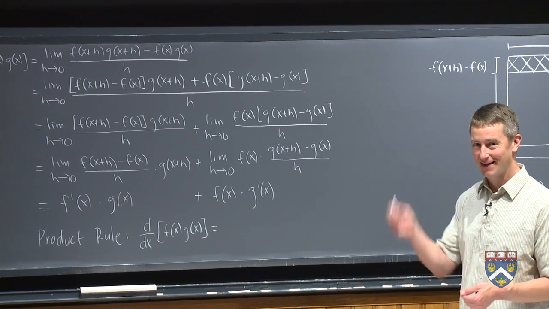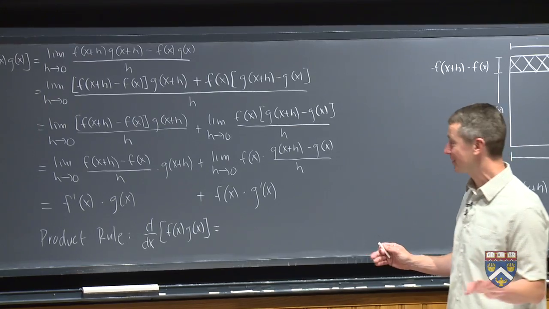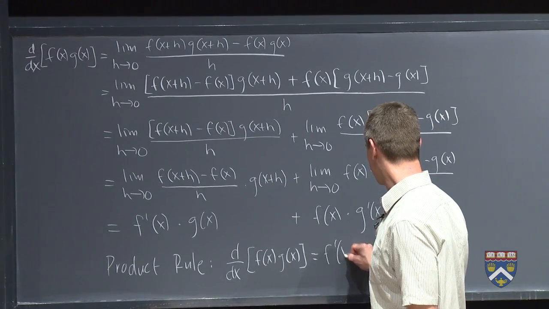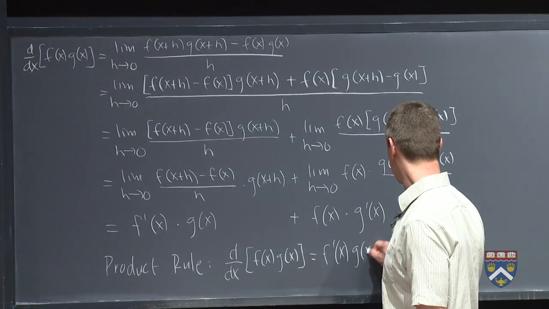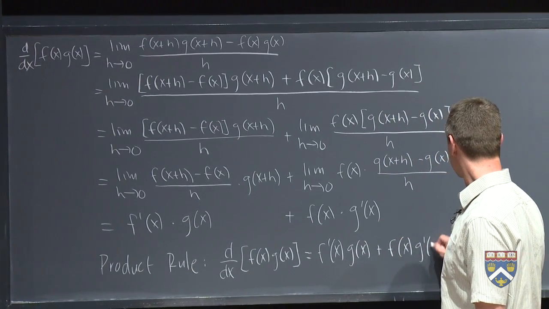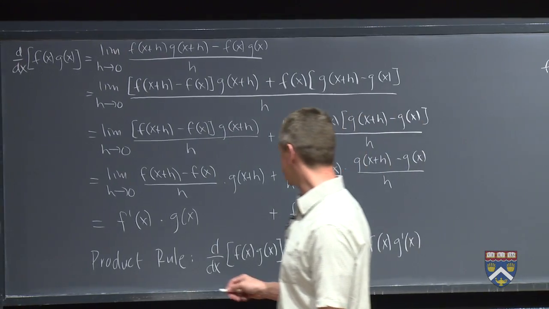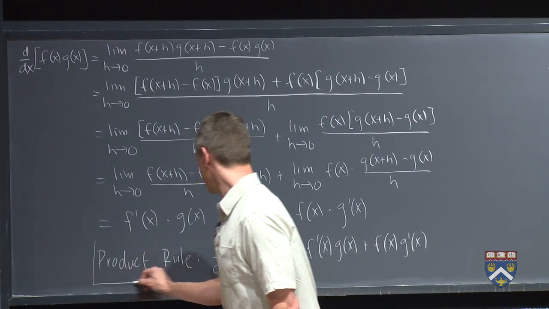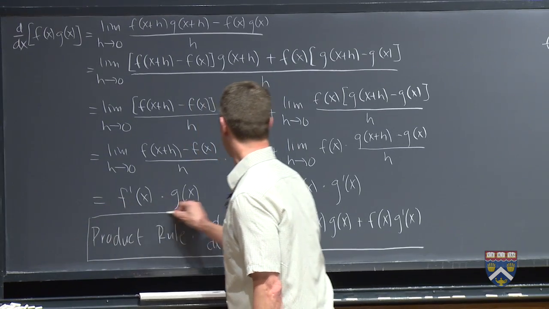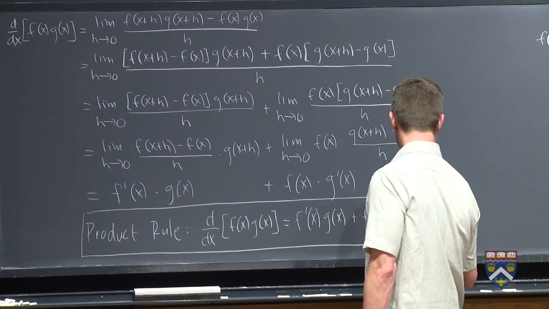We've all agreed in the previous chalkboard that that is completely illegal. That doesn't work. This is what we need to do instead: f prime of x times g of x plus f of x times g prime of x. So not quite as clean or simple as the sum rule, but not too bad.